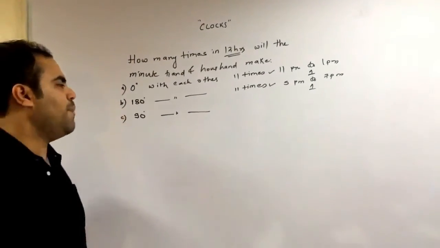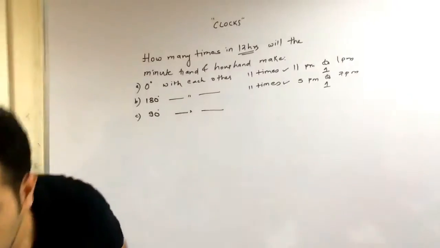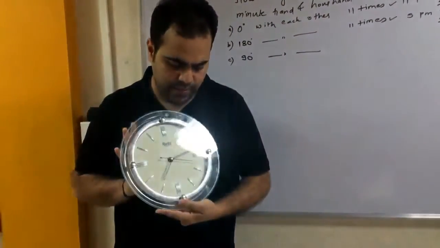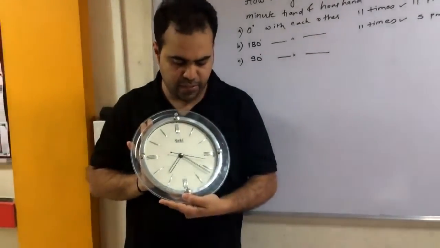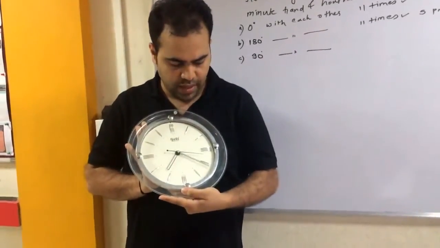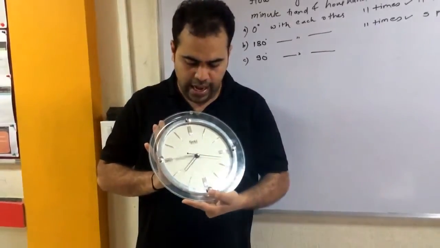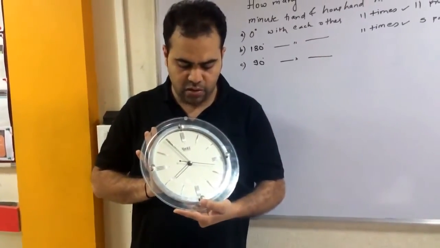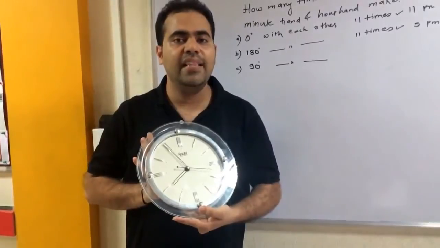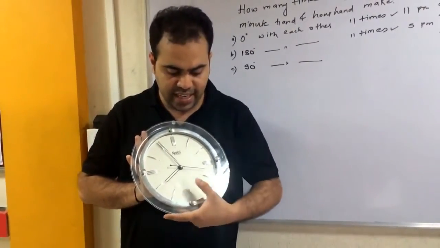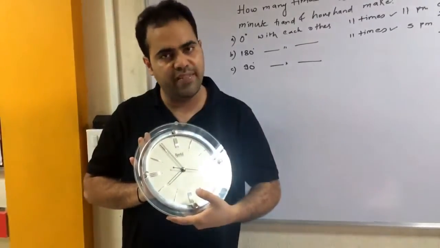Let's see what will happen when the angle is 90 degrees. So let us continue. 90 degree means obviously let's say the time is between 7 and 8. At around 7:20 the angle will be 90 degrees, right? And again at somewhere around 7:55 again the angle will be 90 degrees. So we can see that 90 degree angle is formed twice between 7 to 8.